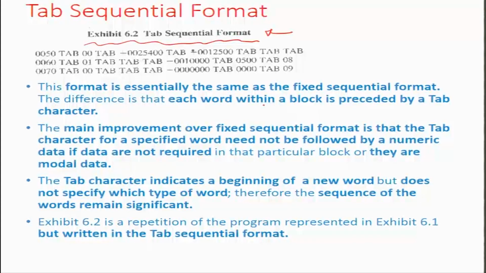In this particular format, the only difference is that whenever there is a change between the previous line and the next line, you need to enter the change. For example, there is a change in the first number from 0050 to 0060, so you have entered the change, and in order to ensure that this column is no longer the active column, you use the tab key on your keyboard, so that the cursor can go to the next column right here.